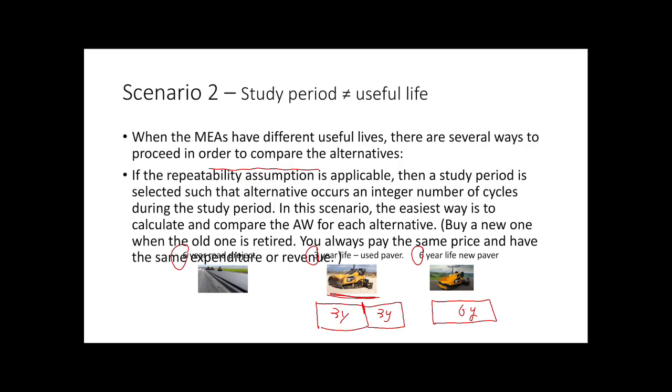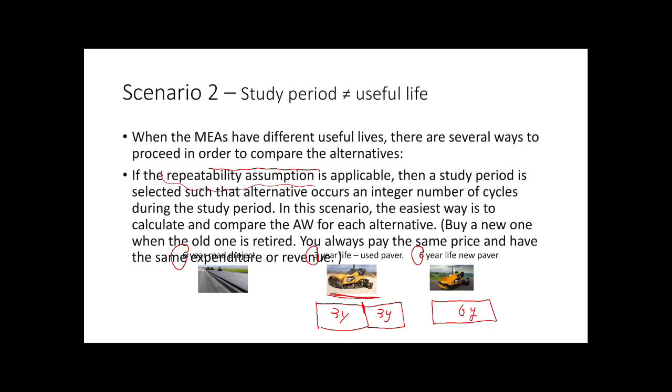And another scenario is when the study period is different from the useful life of the different alternatives. So these are more complicated. One of the methods we can use is the repeatability assumption method.